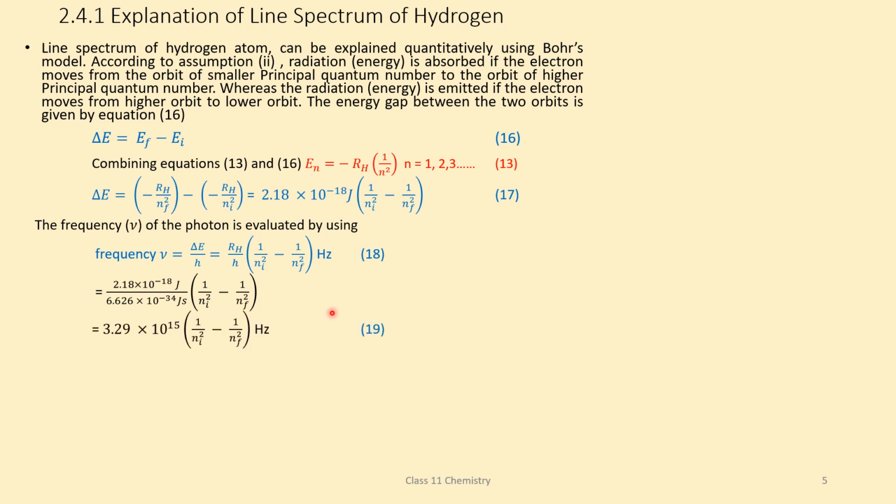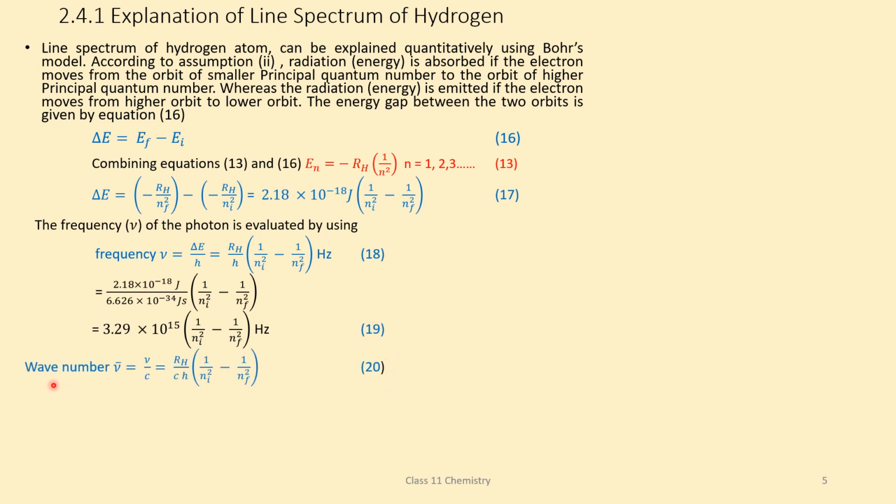Simplifying, we get the equation for frequency as 3.29 into 10 to the power of 15 into 1 over n i square minus 1 over n f square hertz. Let it be equation 19. See, this hertz has come because it is 1 over s; J and J get cancelled, and 1 over s is hertz.